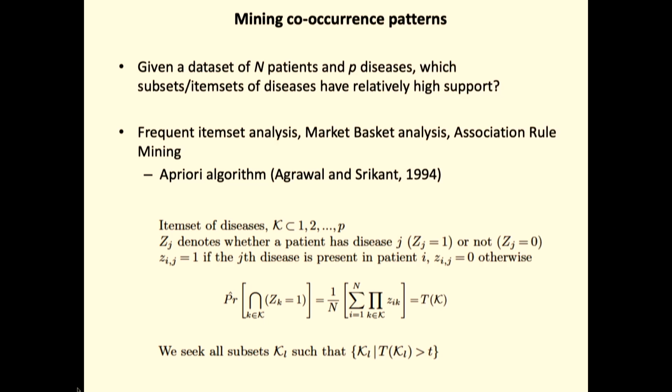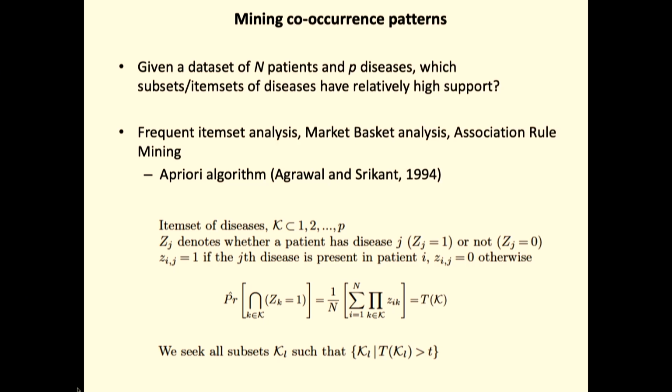And then with the trios, you once again do all possible combinations of pairs and singletons to get the trios. And again, if the support is greater than T, then you include it, otherwise you don't. You keep doing this until there's no subset left which has a support higher than that pre-specified threshold.